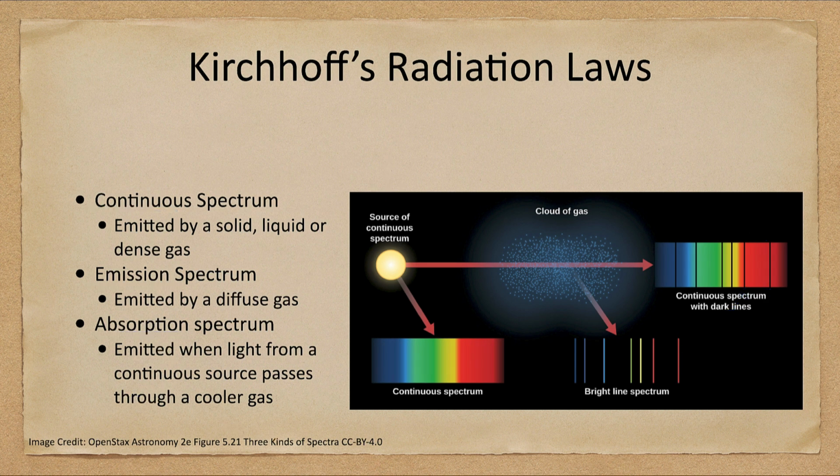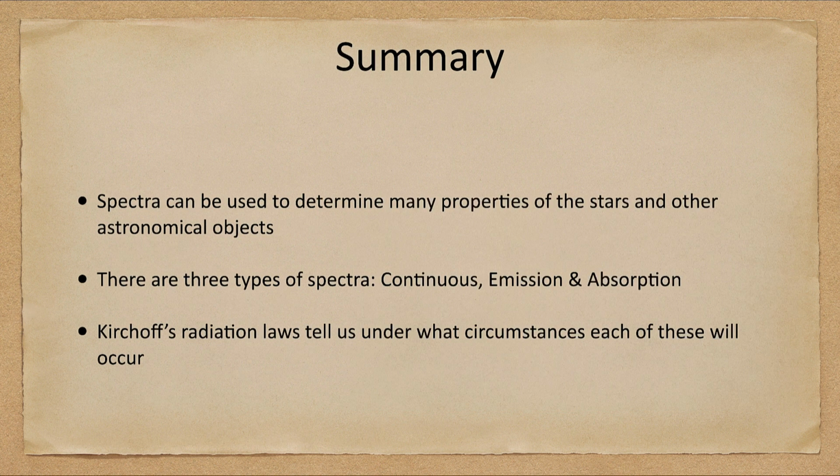So let's go ahead and finish up with our summary. We looked at spectra, and again, they can be used to determine many different properties. We looked at what the continuous spectra can tell us a little bit last time, how we can learn the temperature and brightness of an object. And now we looked at how we can learn things like velocities and compositions of stars by looking at the detailed spectra.